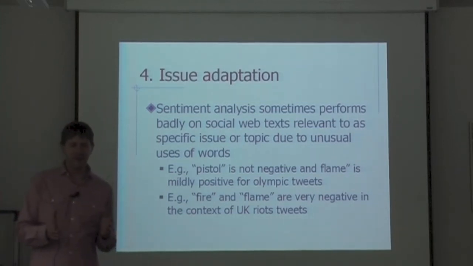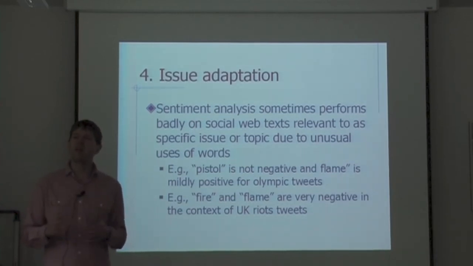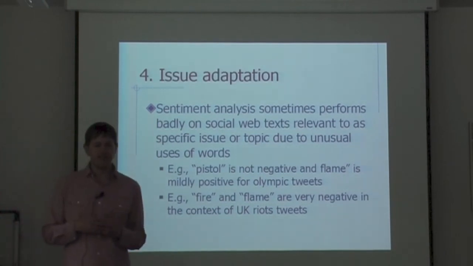So in the dictionary we have mainly words that directly express sentiment, like happy or sad, but we also have words that don't directly express sentiment, but are used typically in a negative context or typically in a positive context. The reason we have that is because if we took out those words, then we would detect less sentiment.